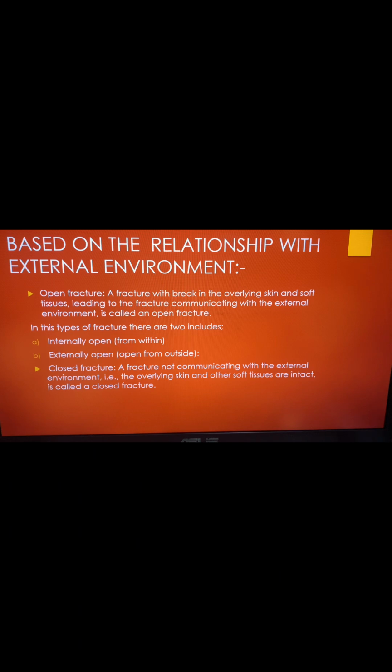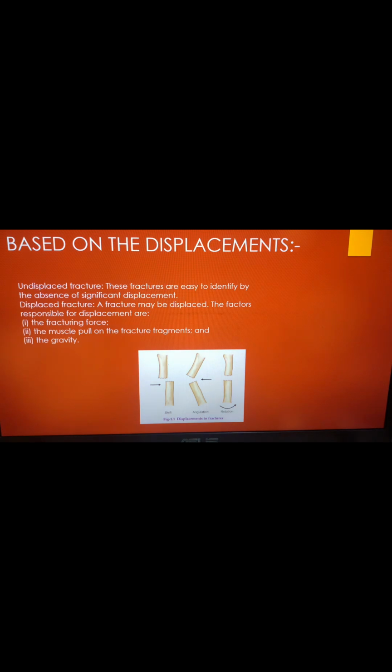Our second type is the closed fracture. A closed fracture is not communicating with the external environment, as the overlying skin and the soft tissue are intact.